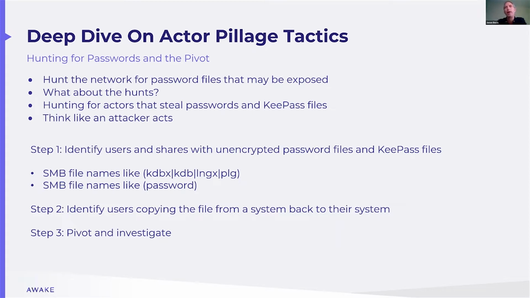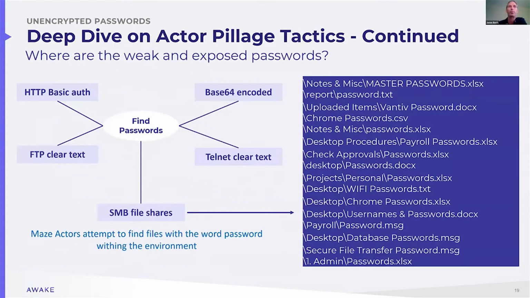What you learn as you go into this is you're going to find multiple pivot points for passwords. On the network, these are just some of the common ones. You'll find sometimes other protocols have clear text all over too, but you've got basic auth, FTP clear text, telnet. Maze wasn't necessarily associated with those, but you see a lot of that.